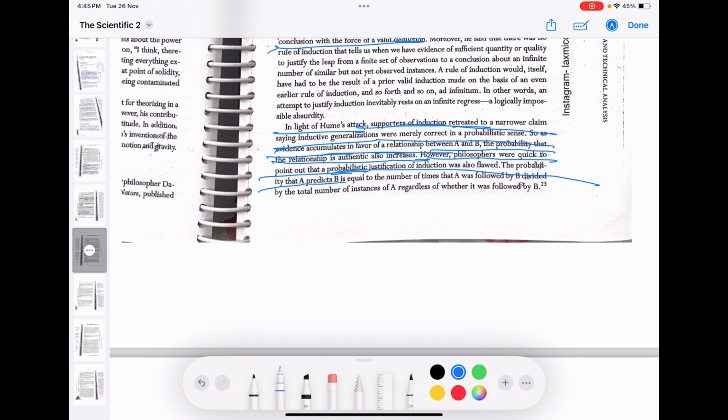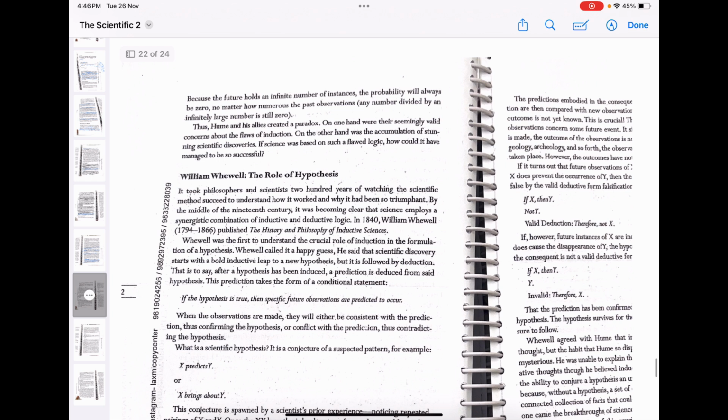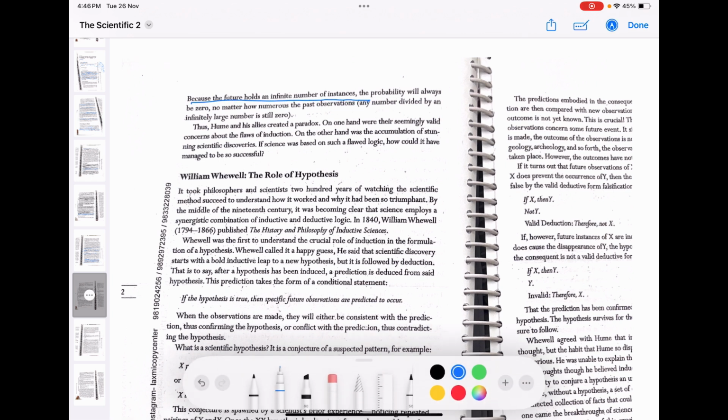The probability that A predicts B is equal to the number of times A was followed by B divided by the total number of instances of A, regardless of whether it was followed by B. Because the future holds an infinite number of instances, the probability will always be zero, no matter the past observations.